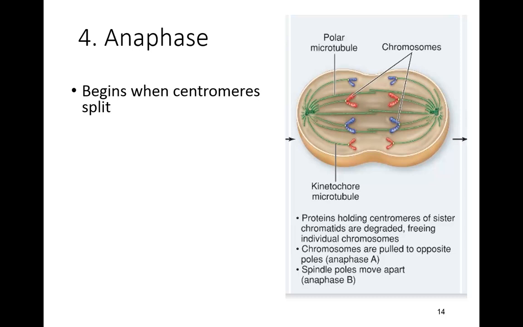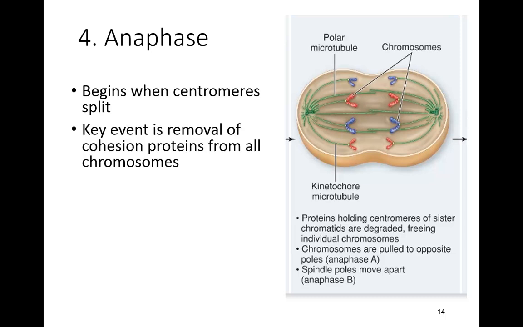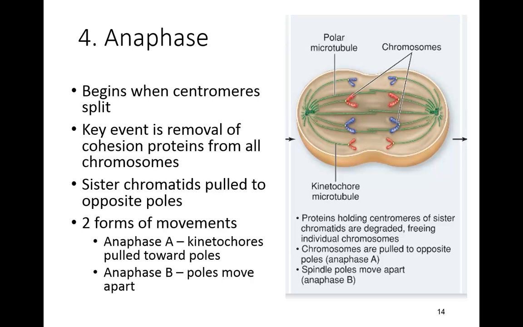So they align towards the middle, and then in anaphase, they start to separate, start to go to the opposite ends of the cell. And in order to do that, the cohesion proteins need to dissipate, the cohesion proteins that were keeping them stuck together. Once that is removed, then they move to the opposite ends of the cell.